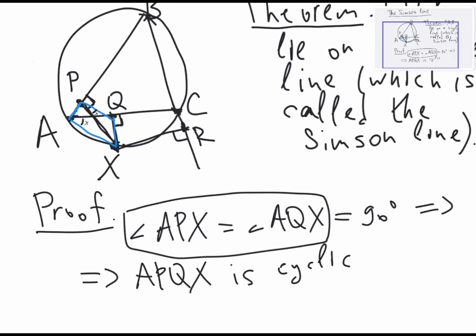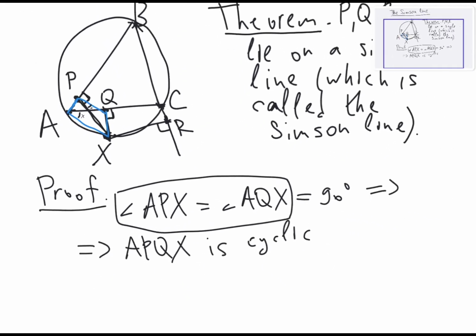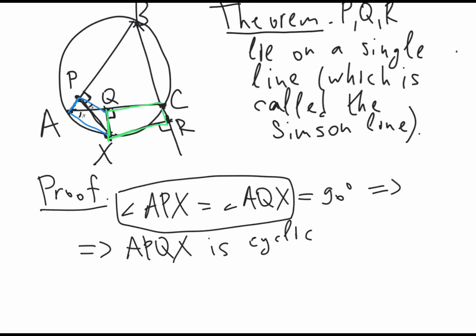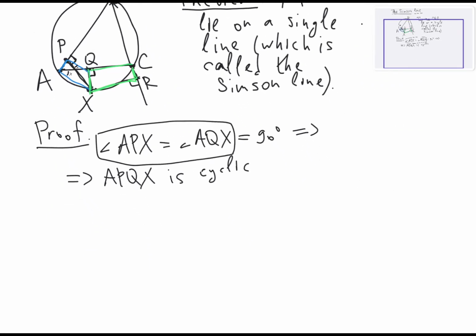Right. So now consider similarly the quadrilateral XQCR, that I highlighted in green. It's also cyclic because the opposite angles are 90 degrees, so the sum of these angles is equal to 180 degrees. This is also one of the criteria of a cyclic quadrilateral.